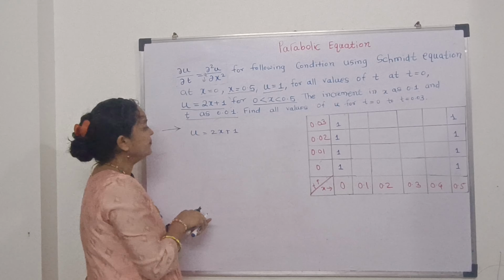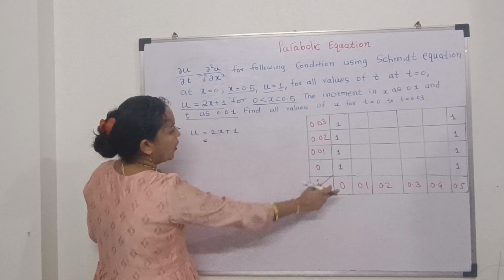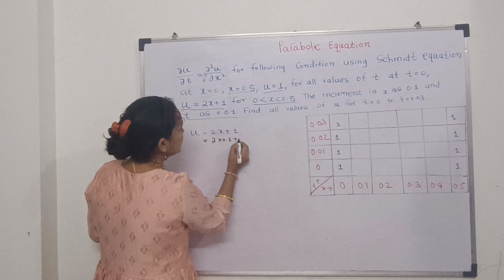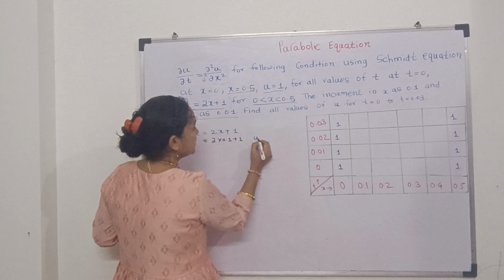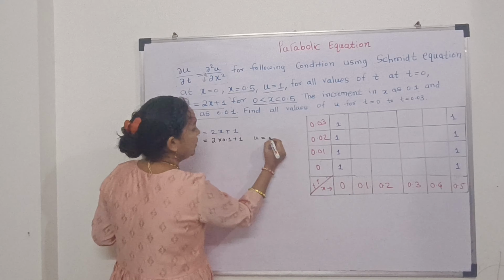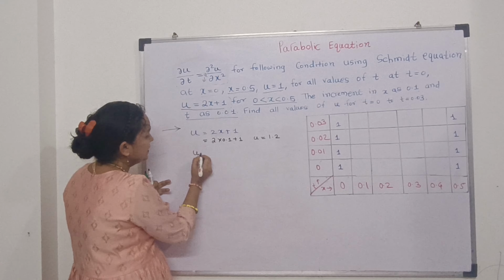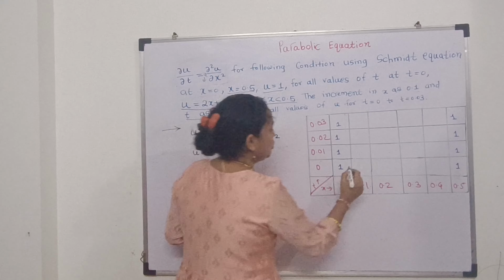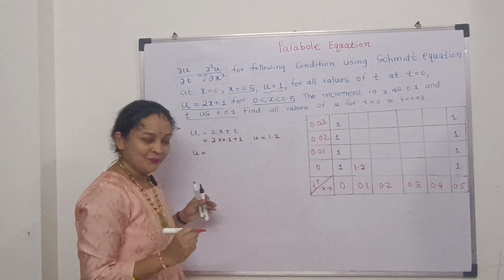Now let us start the solution, where u is equal to 2x plus 1. For x equal to 0.1, u is 2 multiplied by 0.1 plus 1, so the value becomes 1.2.